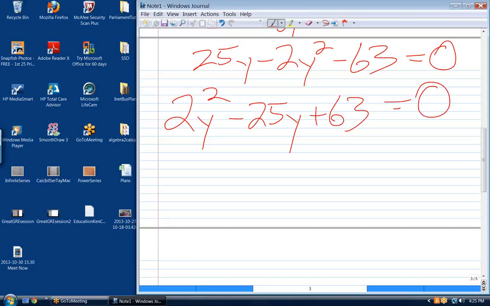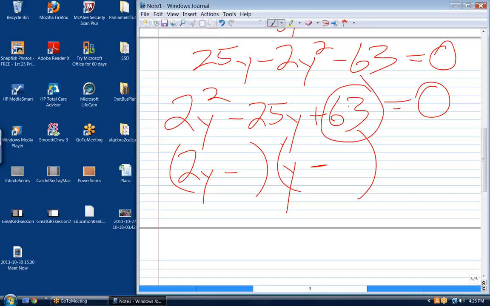Now here would probably be a perfect place for your California method. I know it's 2y, y, and negative, negative. Well, factors of 63, there's not very many of those. What's the most likely one we're dealing with? 7 and 9.